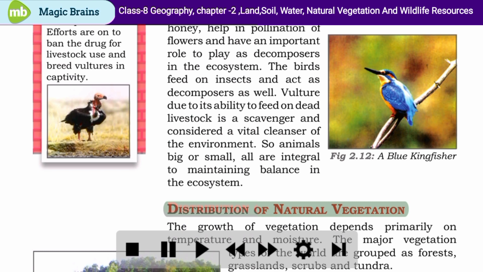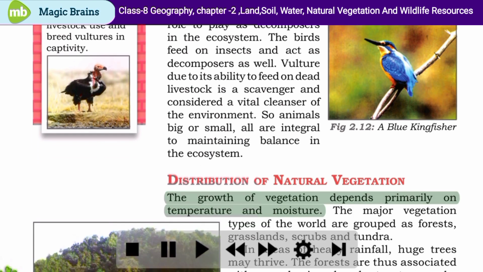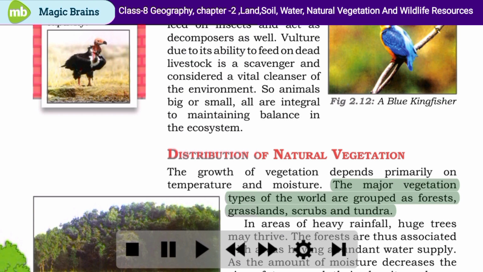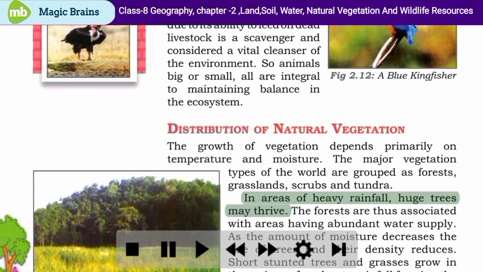Distribution of natural vegetation. The growth of vegetation depends primarily on temperature and moisture. The major vegetation types of the world are grouped as forests, grasslands, scrubs, and tundra. In areas of heavy rainfall, huge trees may thrive.